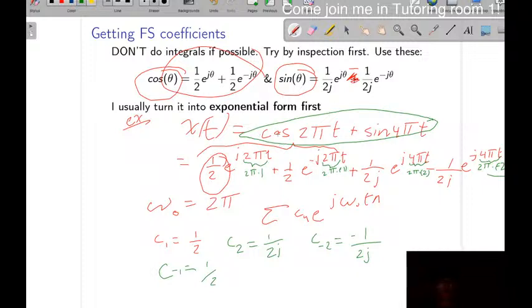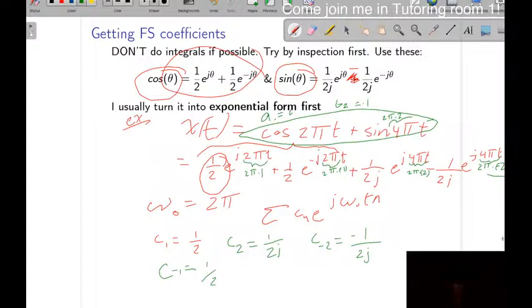So a1 would have been 1, and then b2, because this is 2 pi times 2, would have been 1 also. And all the rest of them would have been 0 for both of these cases. So this is how I would do a Fourier series problem if we have sines, cosines, complex exponentials.